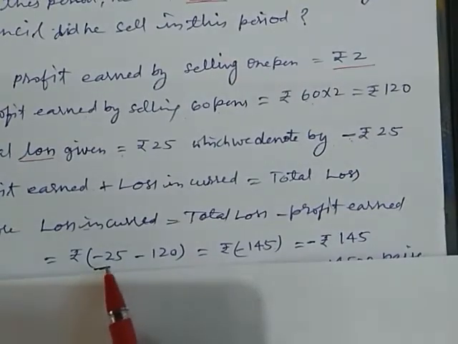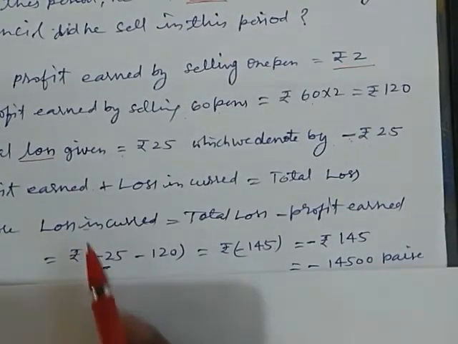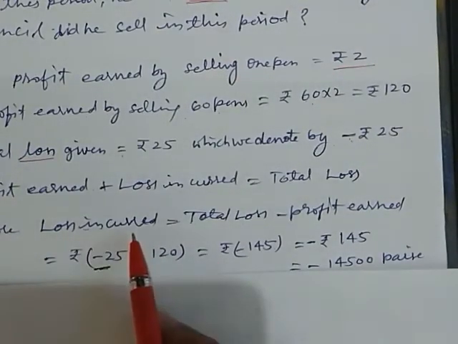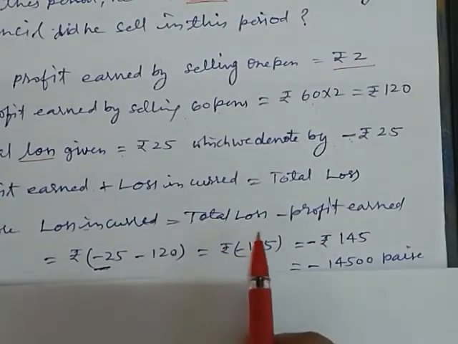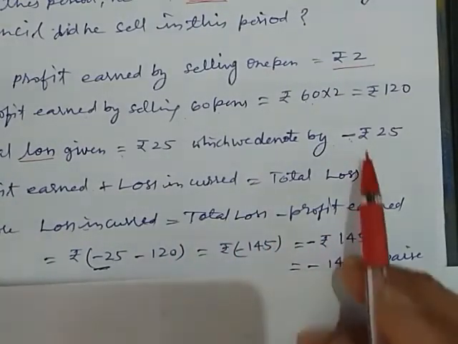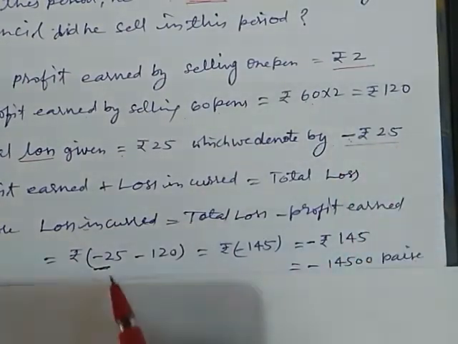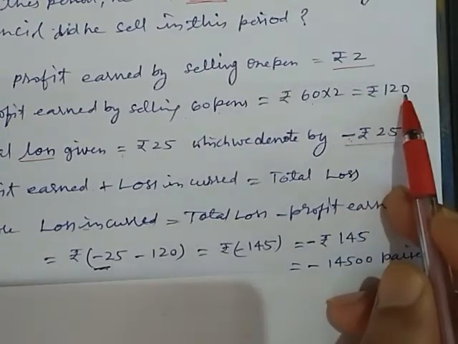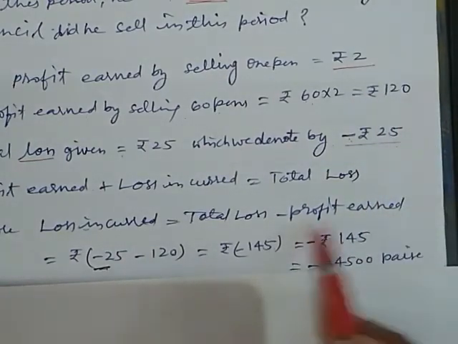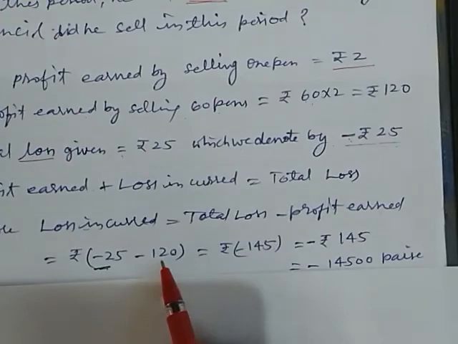So we put the values. We want to find loss incurred, which is total loss minus profit earned. The total loss is minus 25. We put here minus 25, and profit earned we put 120 with the negative sign.